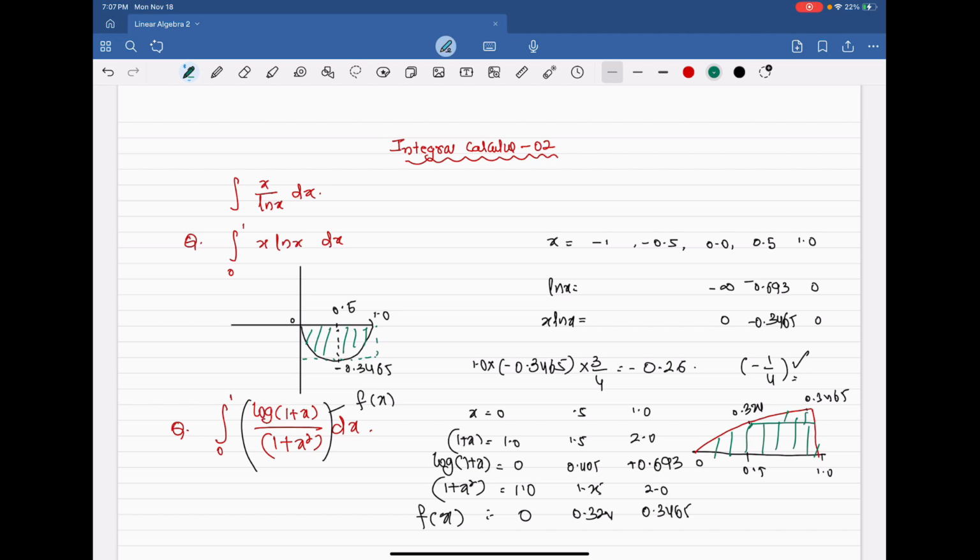From your regular trigonometry and geometry, your elementary school mathematics, this portion is like a triangle. It's not a triangle, it's a curve, because it's not straight lines. Let me draw it like this. This curve, whereas in the first problem the curve is very sharp, the zero values are very close to the y-axis, whereas here they are away.